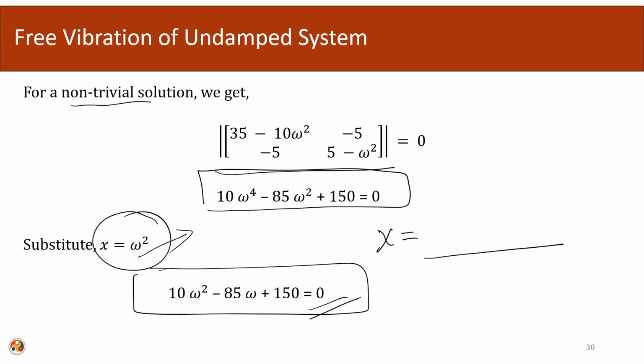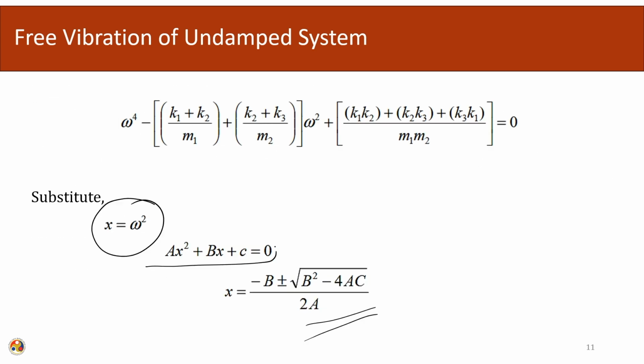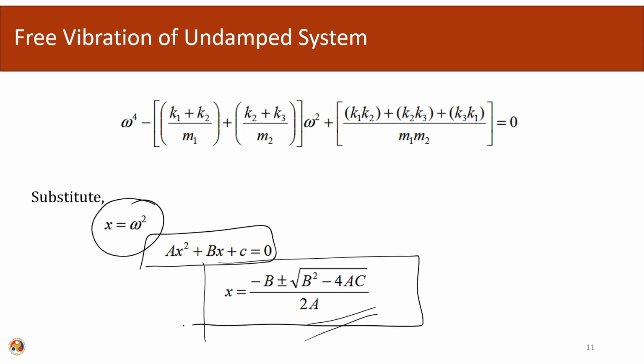So, in order to calculate this we used, so this was the quadratic equation. Then we wrote down the values of x equals minus b plus or minus root over b square minus 4ac, divided by twice a. The same thing we will be using here also.